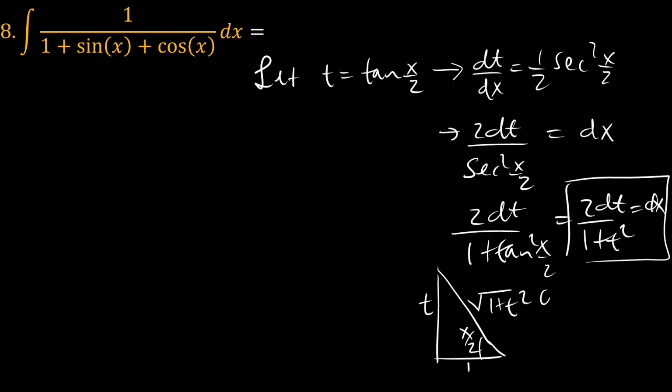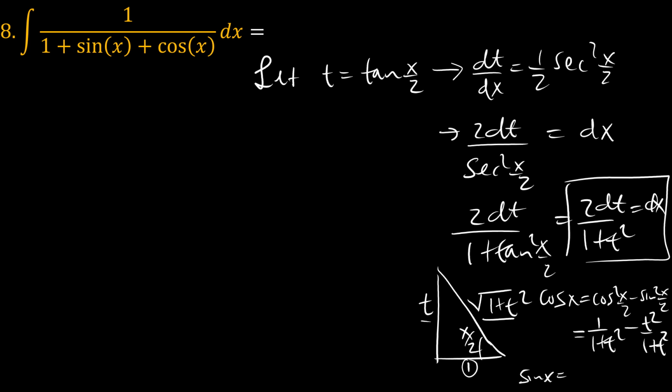What that means is that cosine of x is the same as cosine squared x over 2 minus sine squared x over 2, which is 1 over 1 plus t squared minus t squared over 1 plus t squared. Right? And then sine x is equal to twice sine x over 2 cosine x over 2, which is 2t over 1 plus t squared.